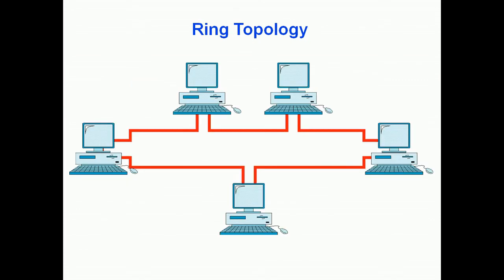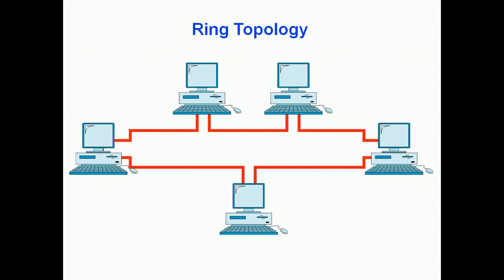Next topology is ring topology. In ring topology, every device is connected to two devices. Means every device has two input output ports for connecting its two neighbors.